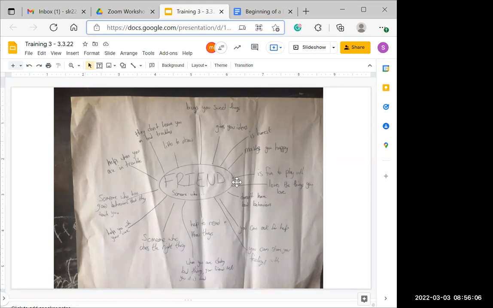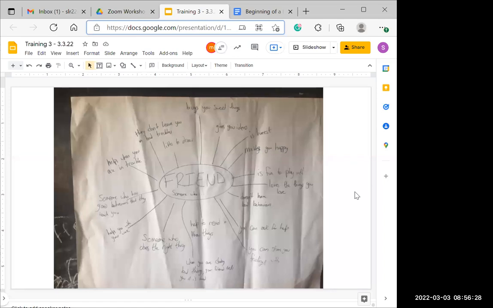Then all the students were able to explain, like how we did it when we started our training. Each student says who his friend or her friend is, and they start this description.